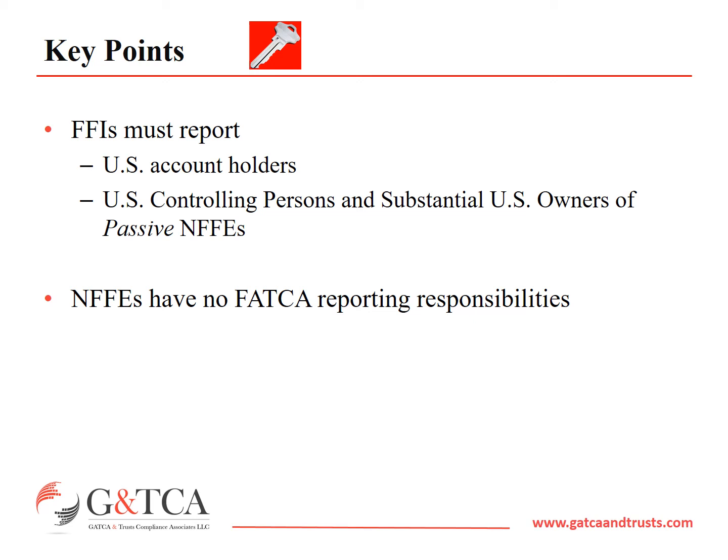NFFEs themselves have no FATCA reporting responsibilities. However, in order to enable FFIs to fulfill their reporting responsibilities, passive NFFEs disclose to the FFIs where they hold accounts their US controlling persons and substantial US owners.